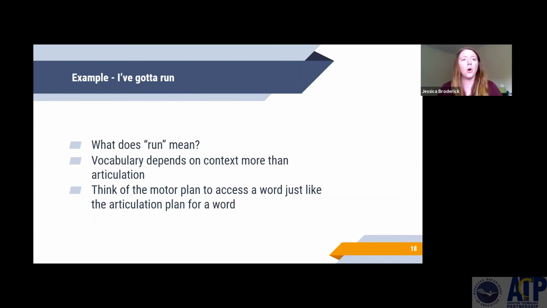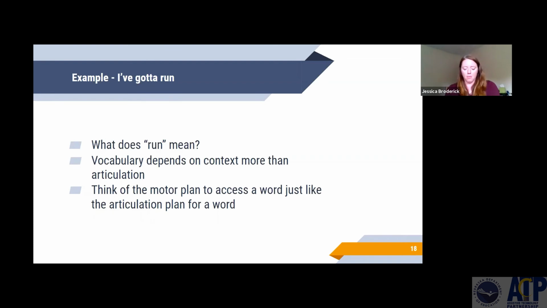Or I could be playing cards and saying, I've got a run, with a 4, 5, 6, 7. What we mean by that word run is dependent on the nonverbal things I'm doing with it and the context in which I'm saying it. It doesn't matter how I'm saying the word run. It matters what I'm doing in connection with it.